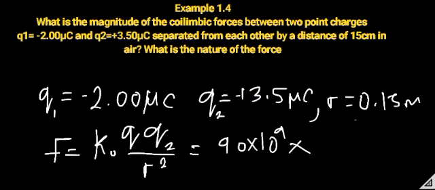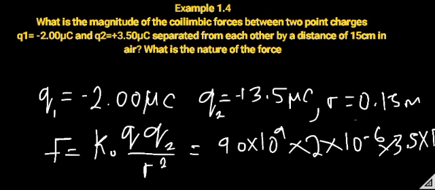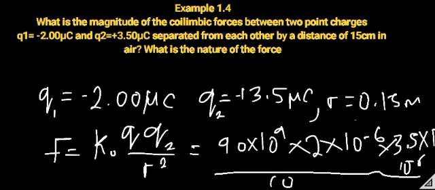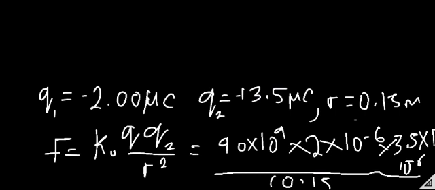So that'll be 2 and we know that micro means 10 raised to power minus 6, times 3.5 times 10 raised to power minus 6, everything divided by the square of the distance, that's 0.15 squared.